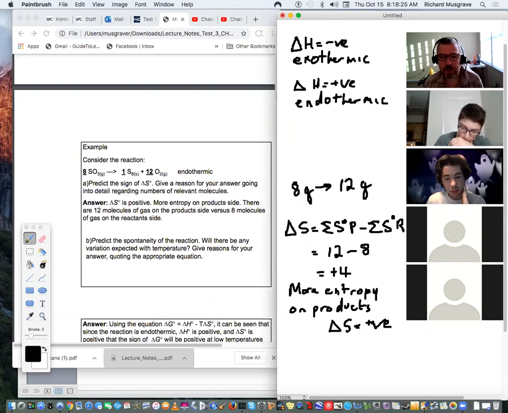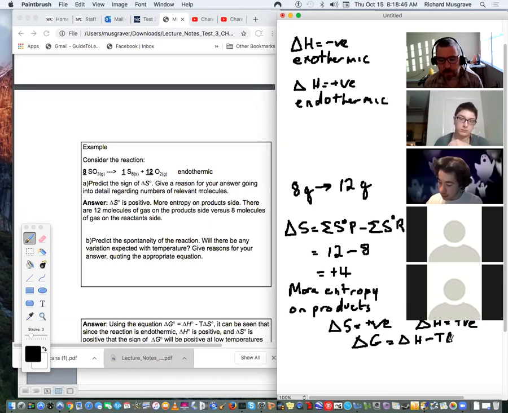Now, from the information I've told you up here, it does say it's endothermic. That means that delta H is going to be positive as well. So after that, you can then apply your equation just like we did earlier. And we'd have a positive value minus T times a positive value.